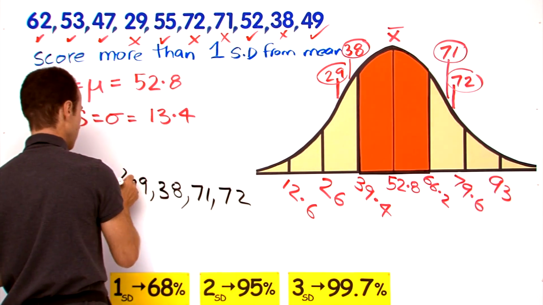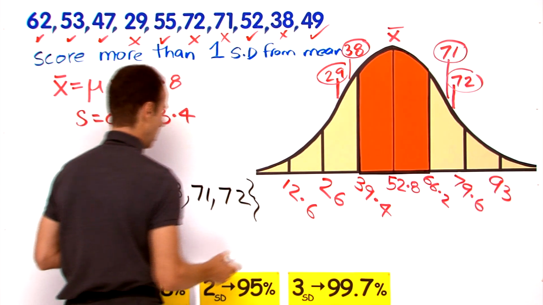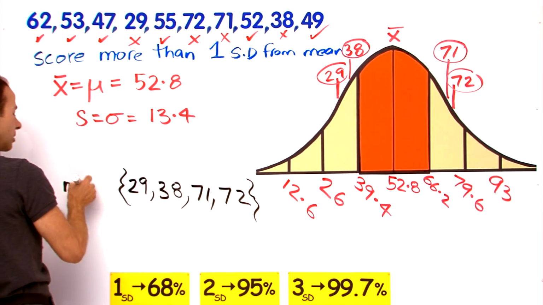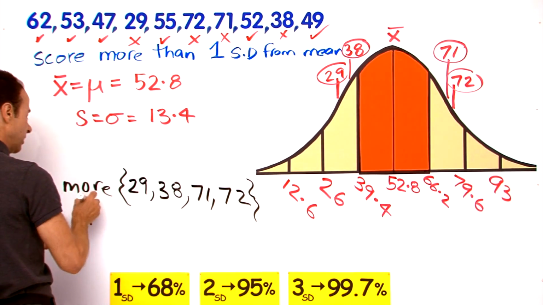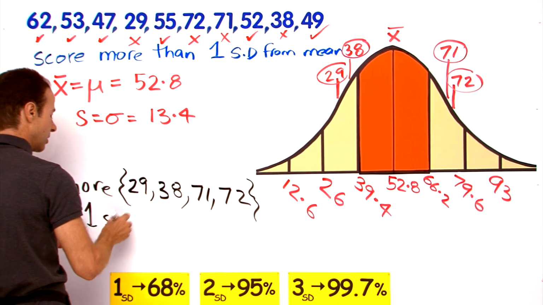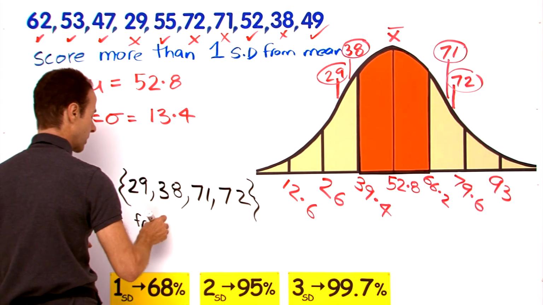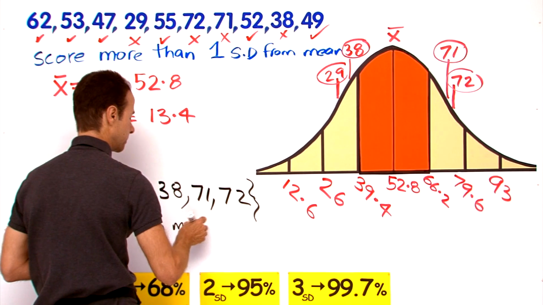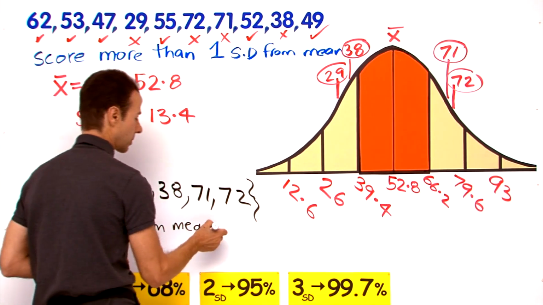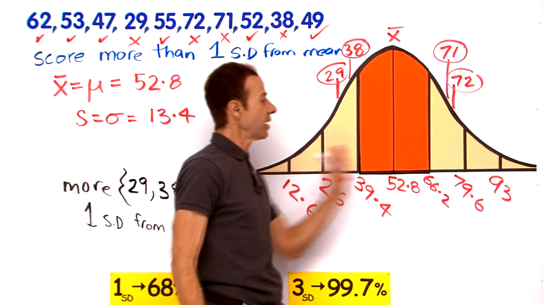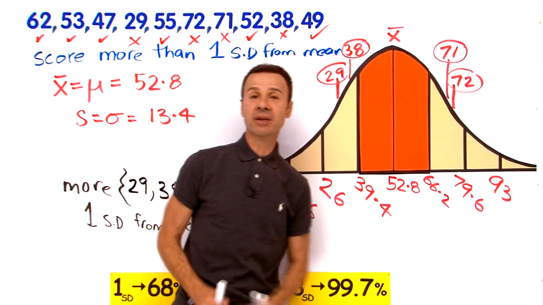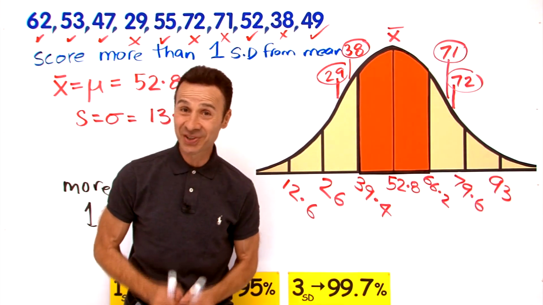These scores are all more than one standard deviation from the mean. There you go. So all those scores are in there and over there. One greater than. So there you go. Hope that helps. See you in the next video.